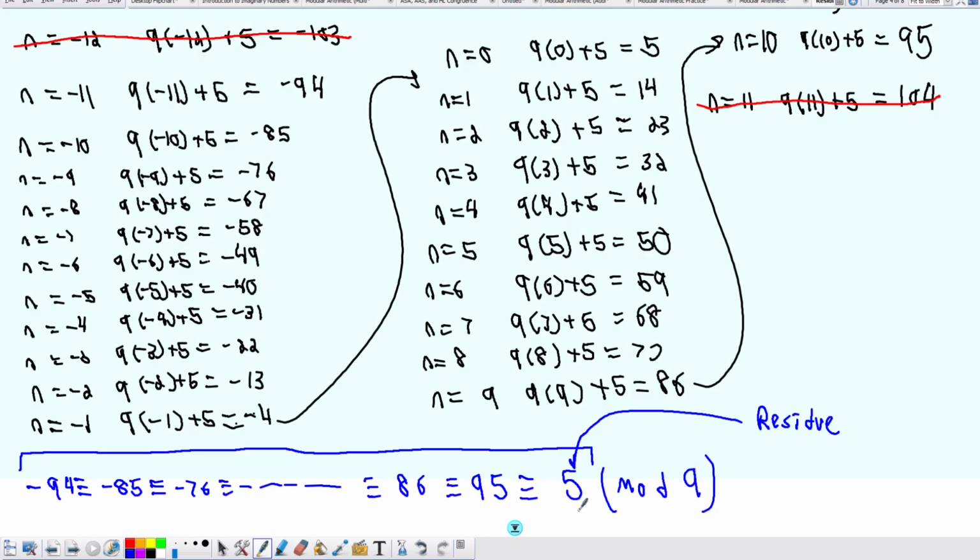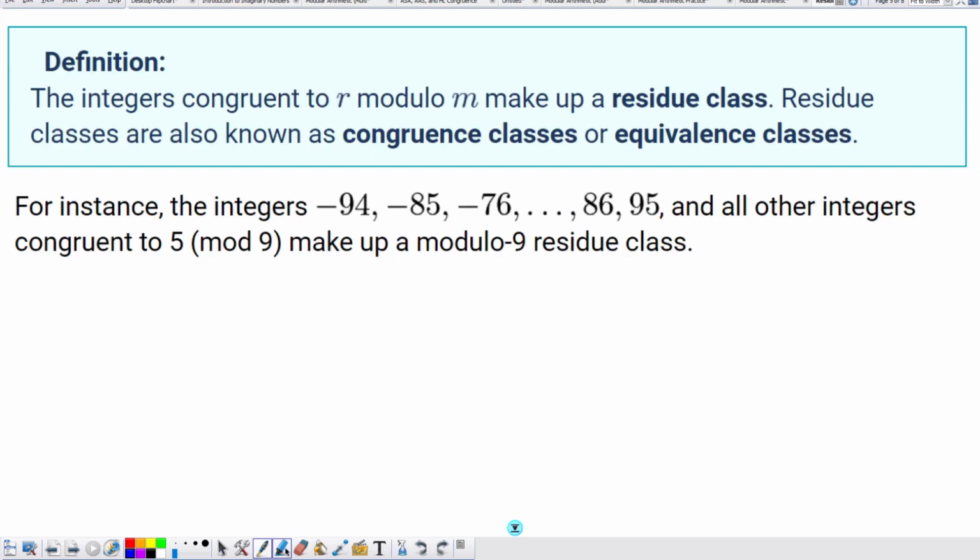Now, all this is an example of what is called a residue class, sometimes called a congruence class or an equivalence class.